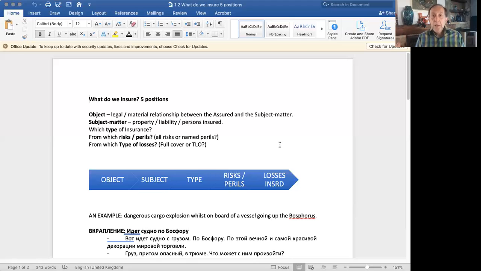So we've got here a situation when the owner of the cargo wanted to protect himself against all types of risks, all types of insurance policies, but only 3 positions were insured while 2 others were not. Now you understand this particular chain of 5 positions which we have in any insured loss, and you understand how we have to prove what exactly was where.